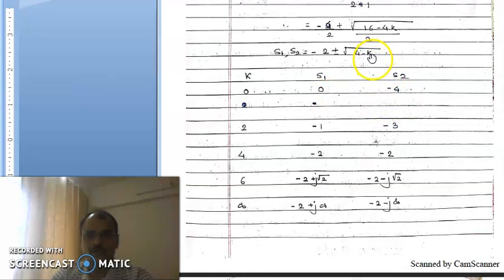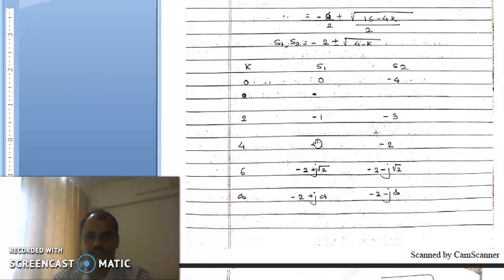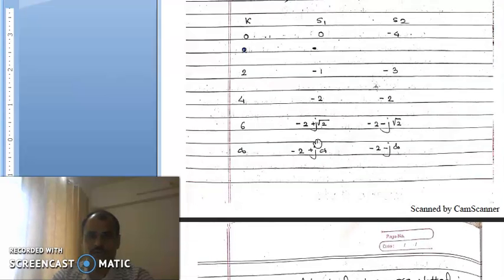Clearly, when you substitute k, then this root term becomes only 4, and the root of 4 is 2. Therefore, you can understand how it becomes 0 and minus 4. Likewise, when k is equals to 2, we will have another solutions for s1 and s2 as minus 1, minus 3. And likewise, go on varying k, 4, 6, maximum. Infinity means take a max value.